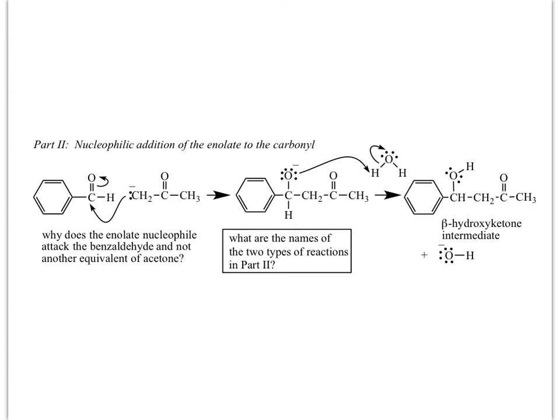Right? And so with carbonyls, as we said earlier, the oxygen is electronegative, so it pulls the electrons in the carbon-oxygen bond, so it becomes partially negatively charged. The carbon becomes partially positively charged, and therefore it becomes a good electrophile.